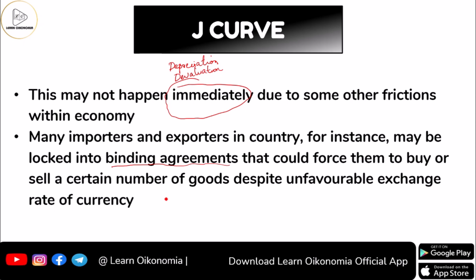It happens as a result of compulsion, even though the parties would like to move as per their wish in order to gain from the changing value of the nation's currency. This will not happen all of a sudden. So this makes a time lag.